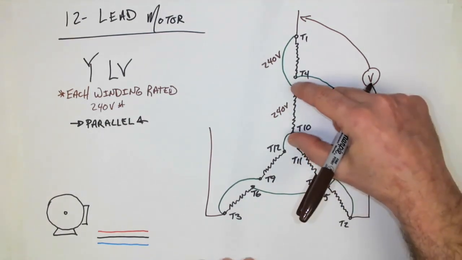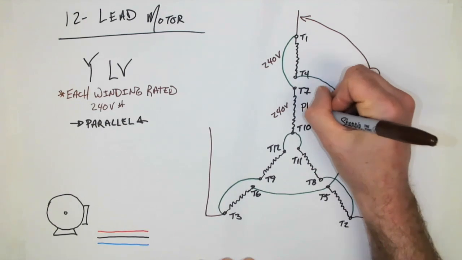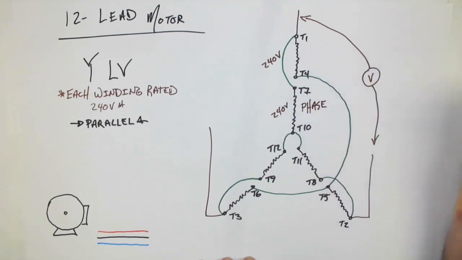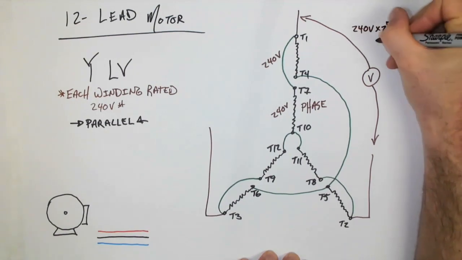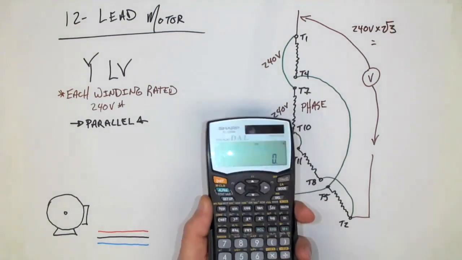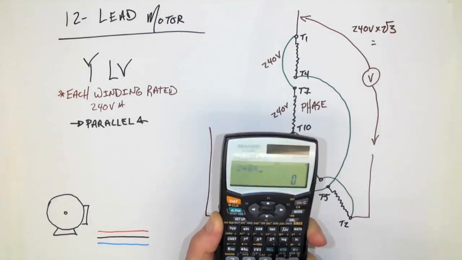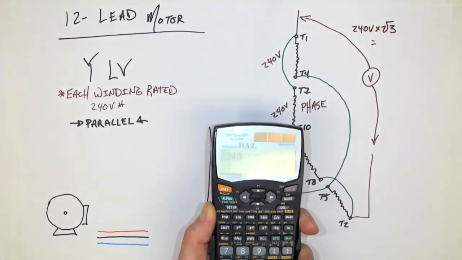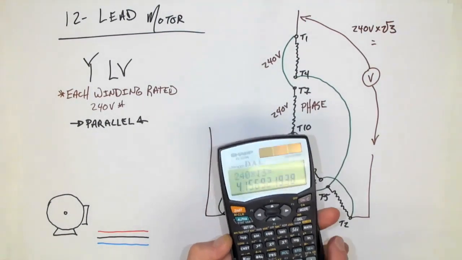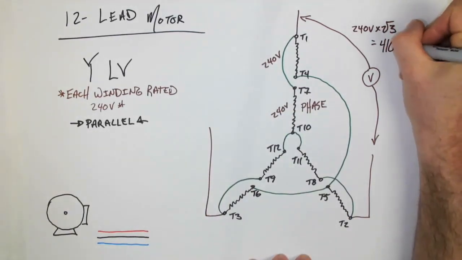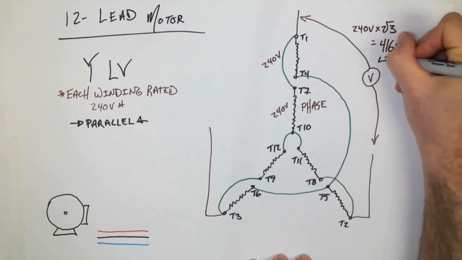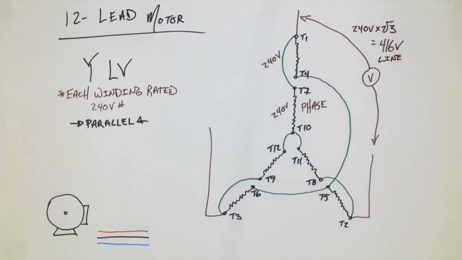So that would mean the phase voltage is 240 volts. And if we wanted to know the line voltage of this three-phase source, we would take 240 volts times root 3. So 240 times the square root of 3 gives me 416 volts, or 415.6. And that would be the line voltage of the three-phase source.